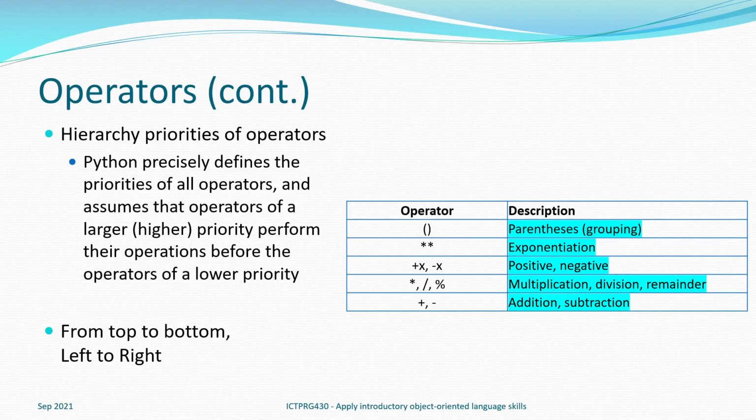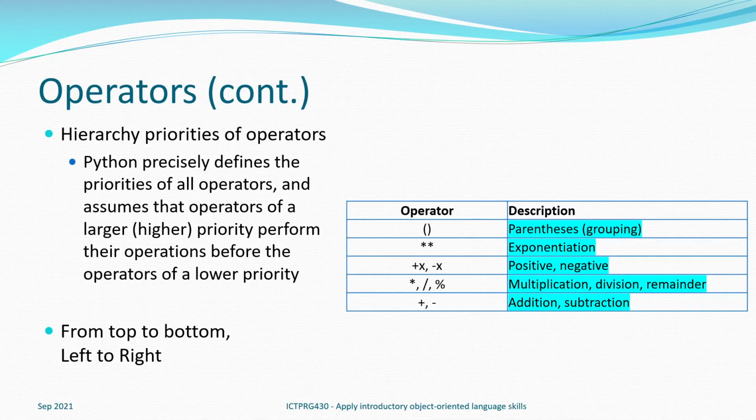If you're like me, you continually forget the nightmare of mathematics. Most of us don't do a great deal of mathematics day to day. But there are rules around which functions occur first. So these priorities are still available under Python, and they are read from this little table from top to bottom, and when there's more than one on a line, they are read left to right as far as priorities go.